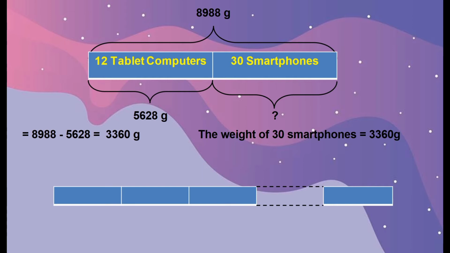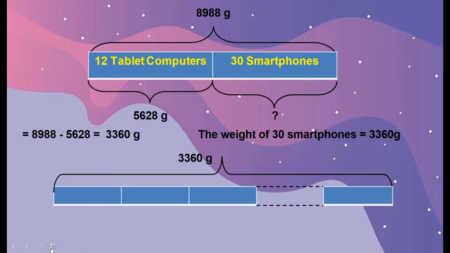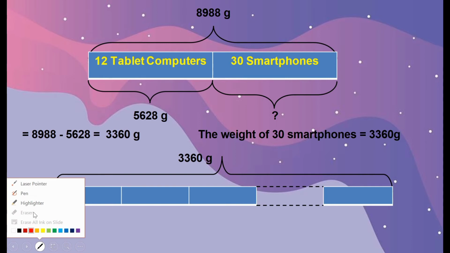So now we will move to the next bar model. That is how you have to find. Now you can see this is about the 30 smartphones. As we know the total weight, you will show the 30 smartphones. The total weight is 3,360 grams.